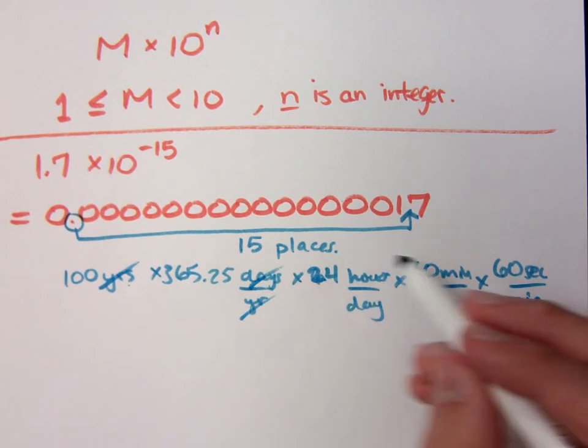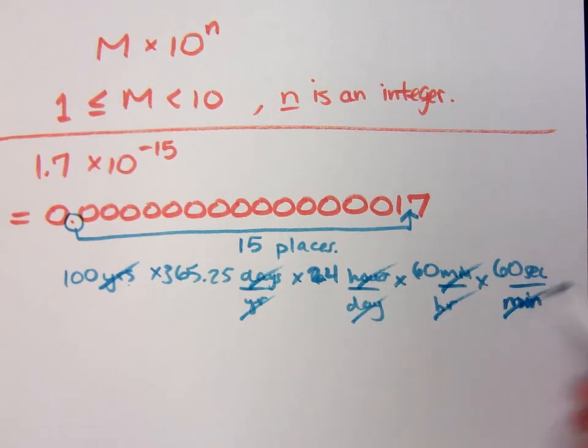Years cancel, days cancel, hours cancel, minutes cancel. So this is how many seconds you'd have in 100 years.